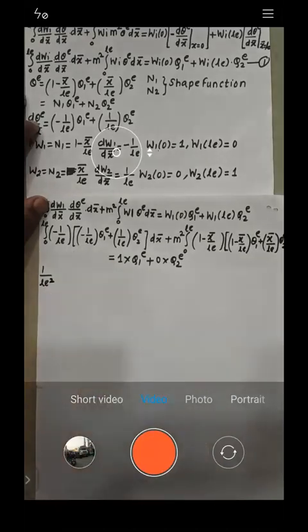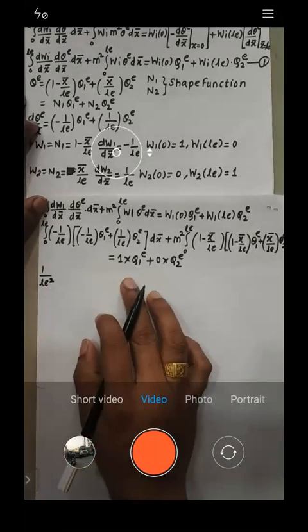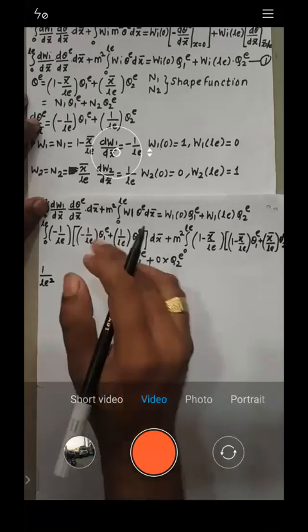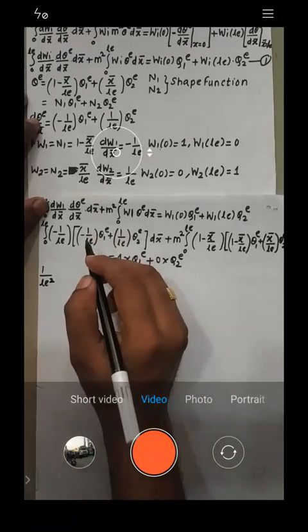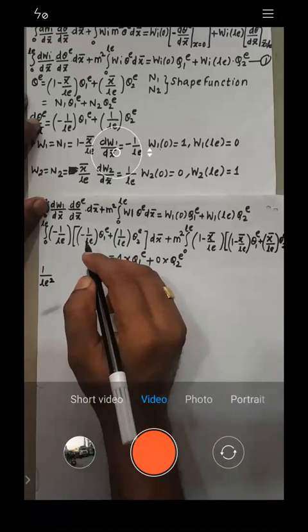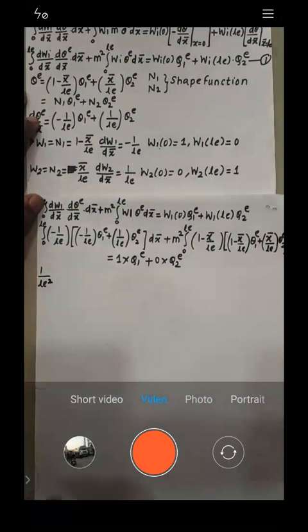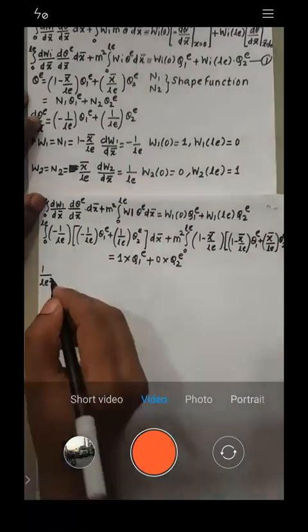Tell me what you will get here. If you take minus 1 by LE, theta 1E remains, and minus theta 2E, with 1 by LE square.